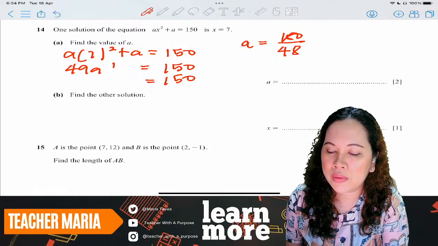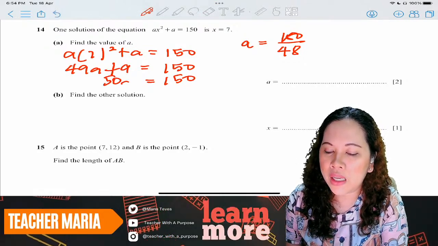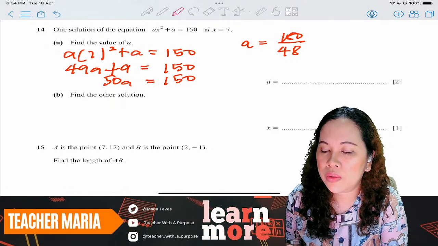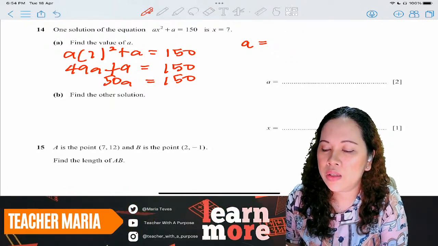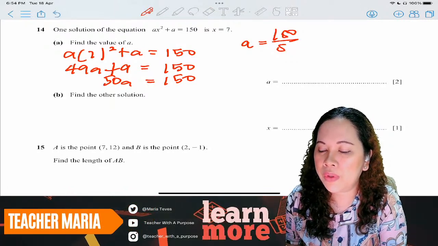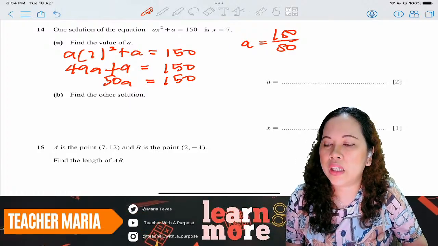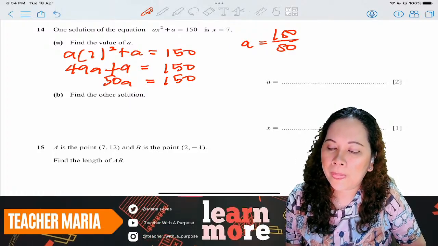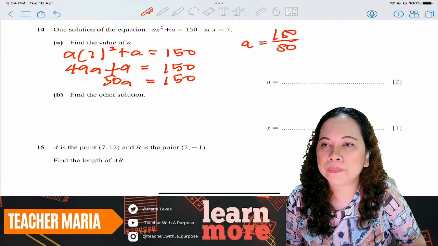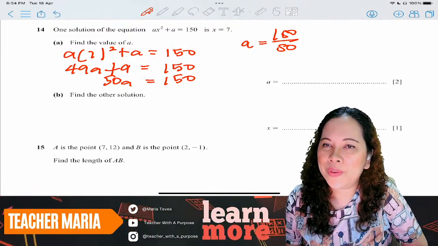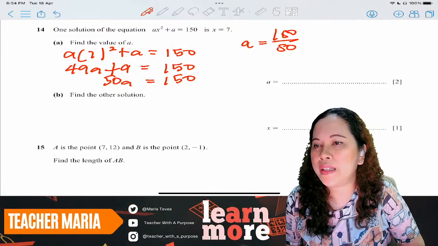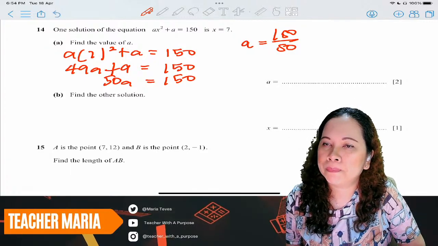Plus. That's 50a. Sorry about that. So 150 divided by 50. You just need to use your calculator. So what is 150 divided by 50? That will be your answer. All right.